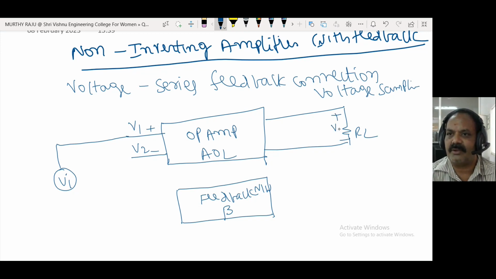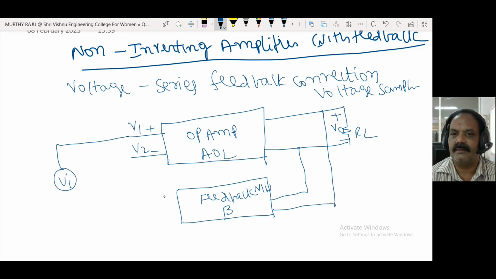The output voltage is V0. According to feedback, a fraction of the output voltage is connected to the input of the circuit through the feedback link. This is the connectivity. This one is VF. This one is V0.